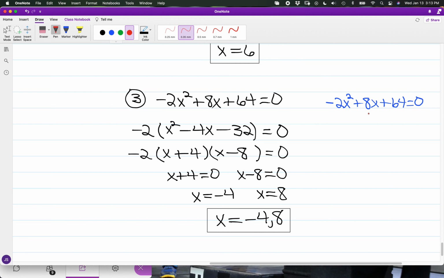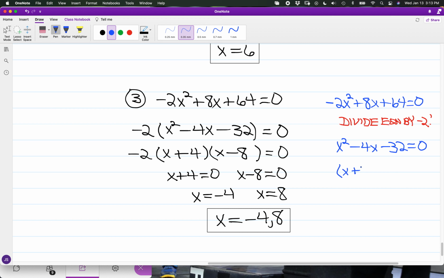If I divide the equation by the leading coefficient, negative 2, we would have x squared minus 4x minus 32 is equal to 0.